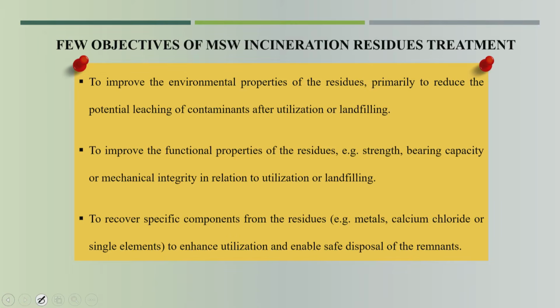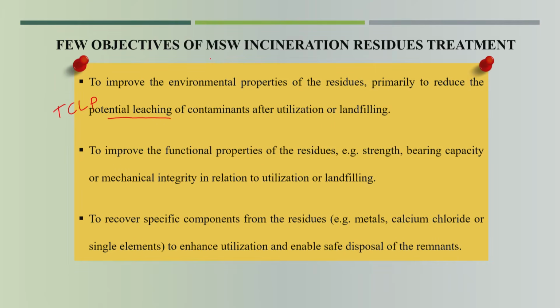This is what I was talking about. So, for potential leaching, we do the special experiment TCLP. TCLP is the toxicity characteristic leaching procedure, an EPA rule. Based on that, we do this TCLP test to know the leaching.